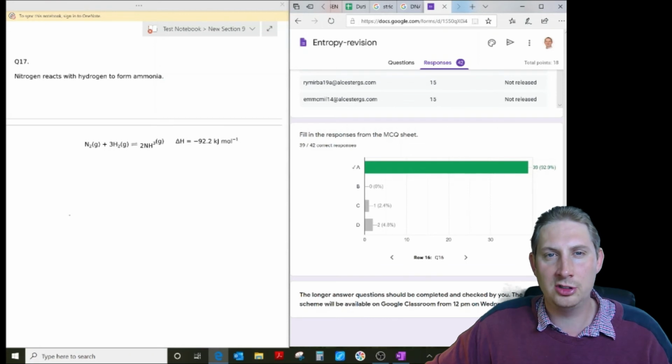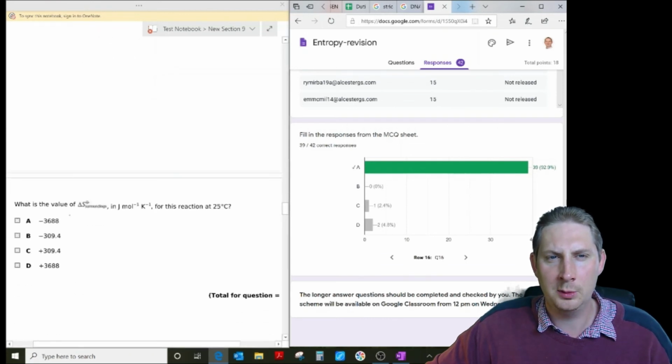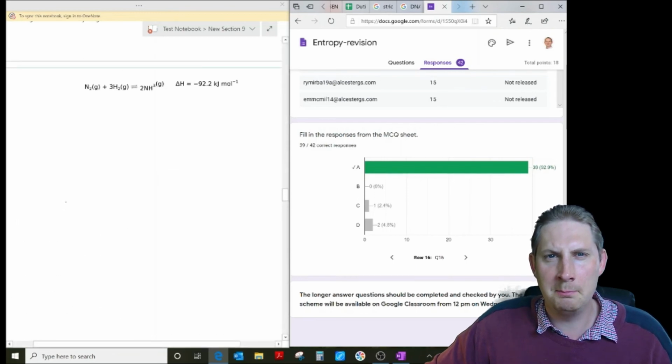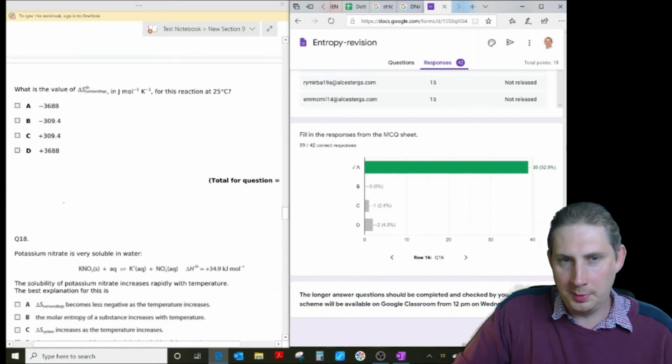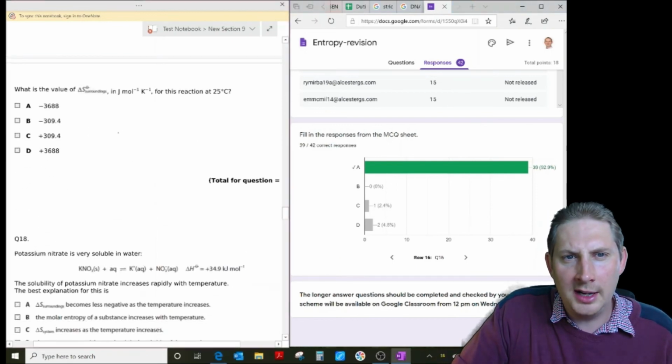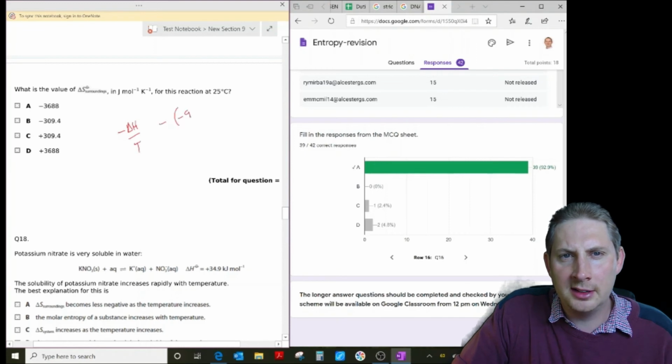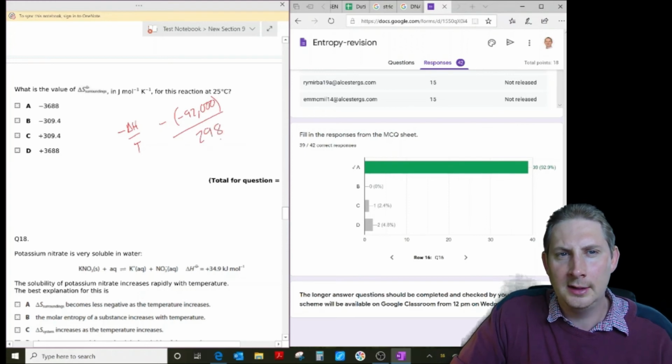Nitrogen reacts with hydrogen to form ammonia. What is the value of delta S surroundings at 25 degrees C? Okay, so it's minus 92.2 kilojoules per mole. So minus delta H over T, so minus 92,000 over 25 degrees C, so 298.